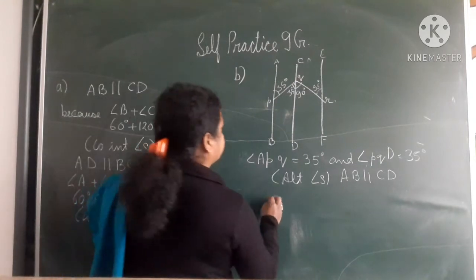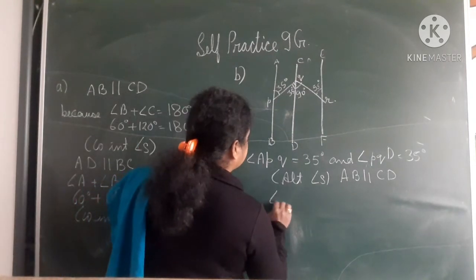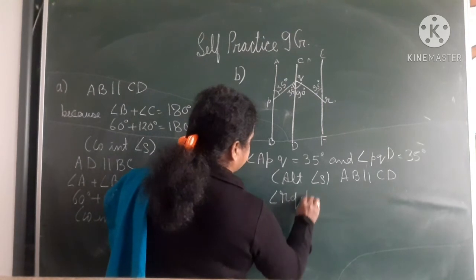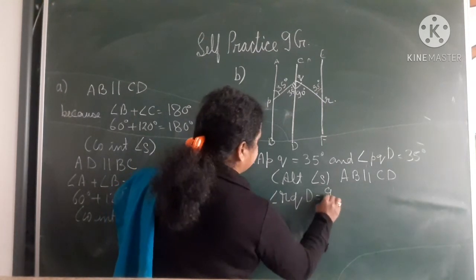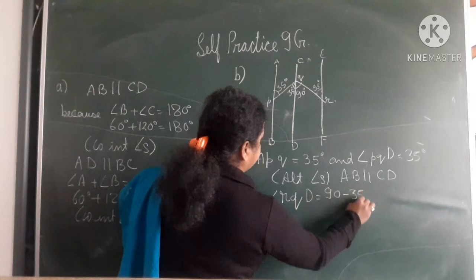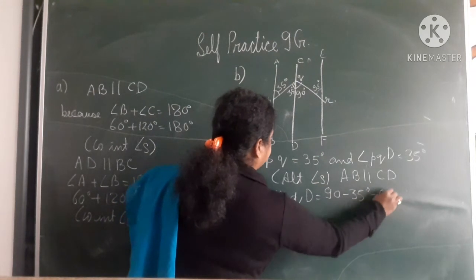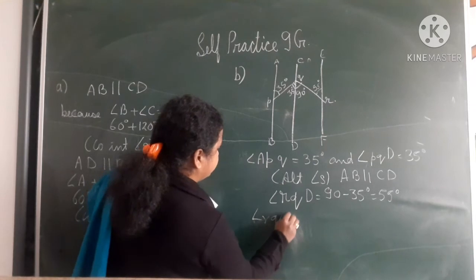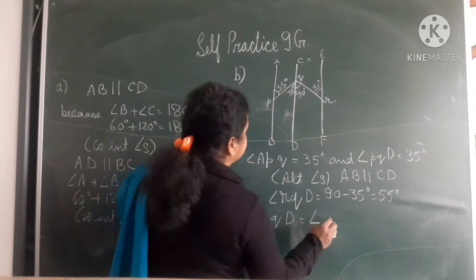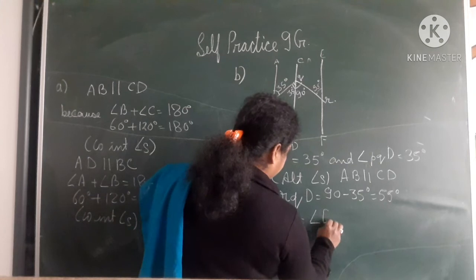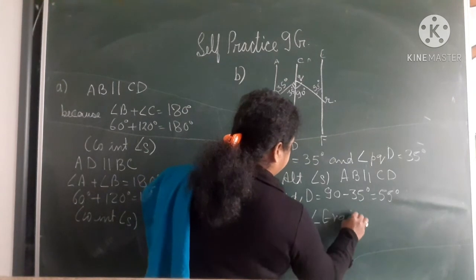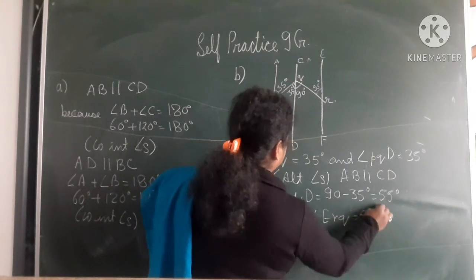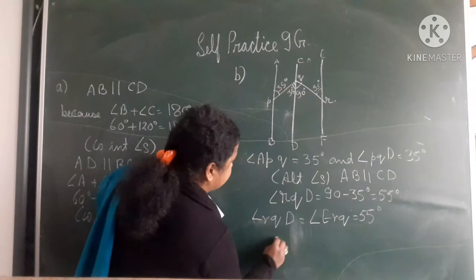Now angle RQD is equal to 90 minus 35 degree, which is equal to 55 degree. The angle RQD is equal to angle ERQ, which is equal to 55 degree. And through which property?